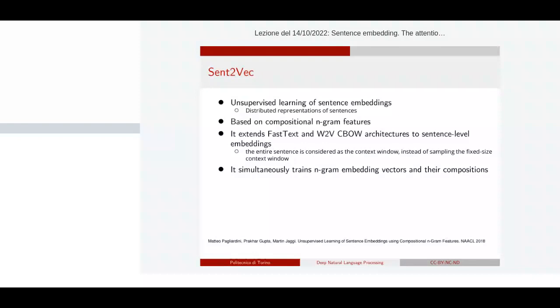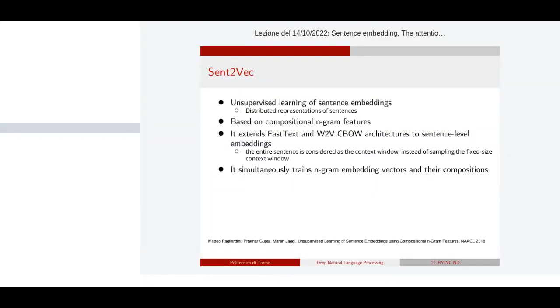The idea here is to extend fastText using an architecture which is similar to CBOW in order to build a sentence-level representation of the text, where, unlike the previous solution, the doc-to-vec architecture, we consider here the entire content of the sentence instead of a fixed context size. So we adapt the size of the context to the length of the sentence, which is not fixed, which is not known in advance.